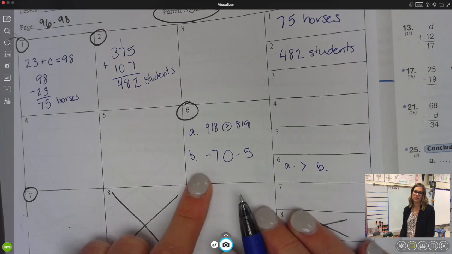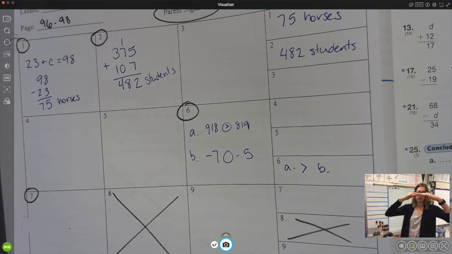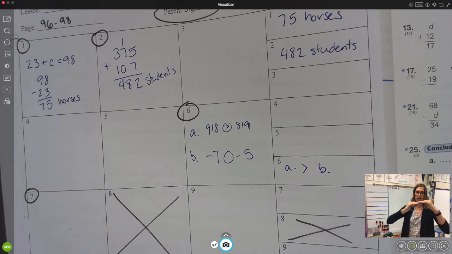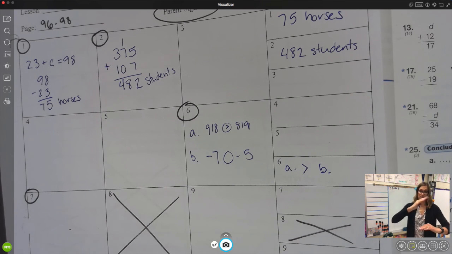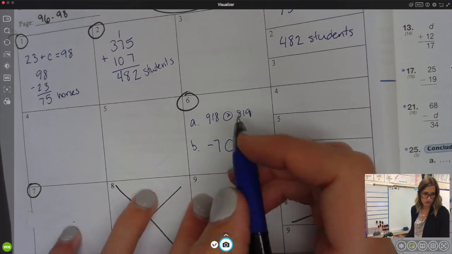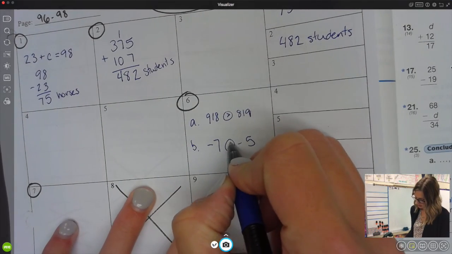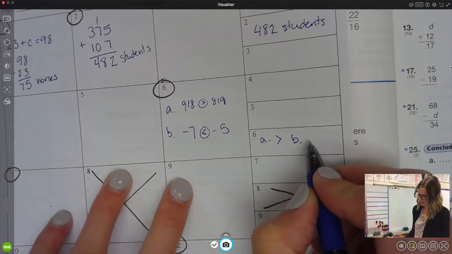Remember, if we're at 0 and we start going up, 1, 2, 3, 4, 5, 6, 7, 7 would be greater. But because we're negative and we're going backwards, 0, -1, -2, -3, -4, -5, -6, -7. So -5 here, -7's here. -5 is actually greater. So we'd say -7 is less than -5.